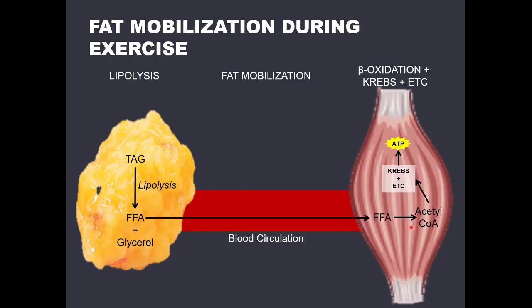Now keep in mind, however, tags are also found in muscle, and muscle, when utilizing fat as a fuel, will largely tap into the localized fat stores in the muscle cell. But this is not to say that it doesn't utilize the free fatty acids distributed by adipose. Now, this whole process right here is referred to as fat mobilization, because fat molecules, i.e. fatty acids, are being mobilized from one area, like adipose, to another, like muscle.